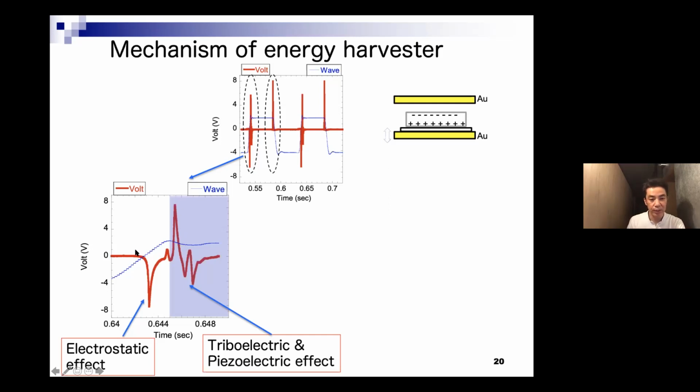We believe that this part we observe is the electrostatic effect. And in this part, when the electrode attached to the surface of the electrode, we are pushing, and we can see the motion of the electrode. Depending on this motion, we can see a different sign of the current. So we believe that this part is coming from the triboelectric or the piezoelectric effect.